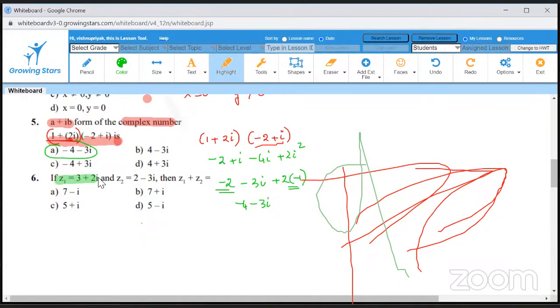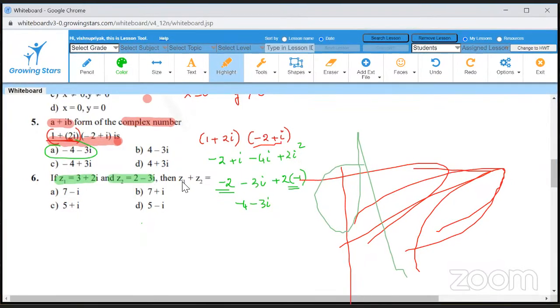Now sixth. Z1 is given. Z2 is given. What is Z1 plus Z2? Find out.